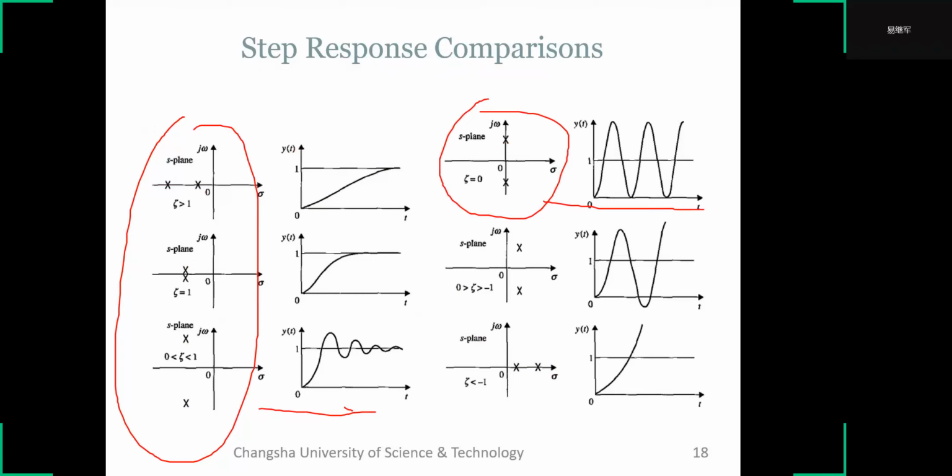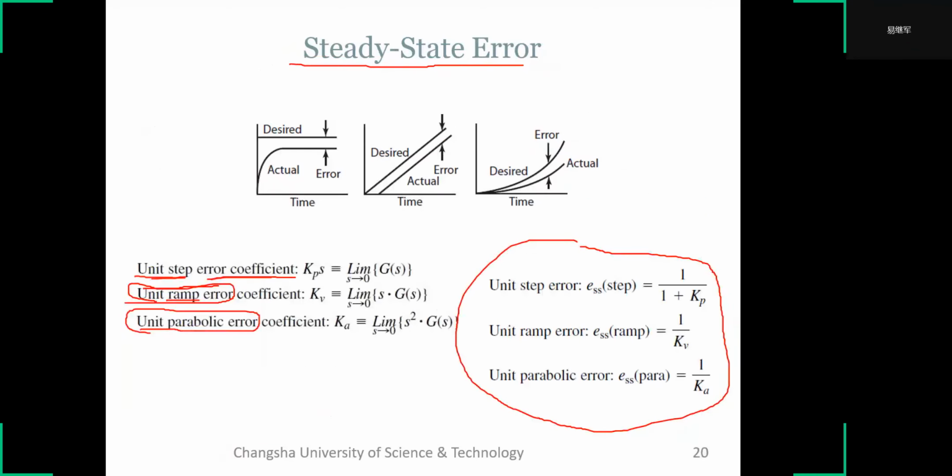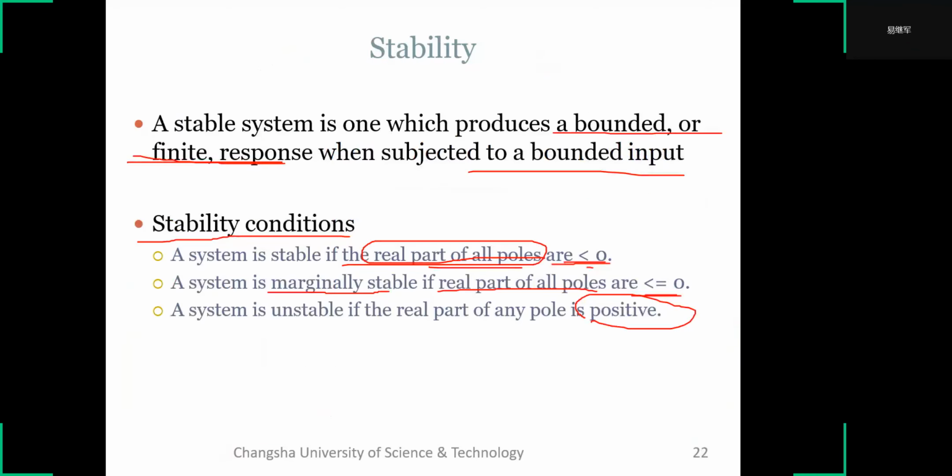If the real part of any pole is bigger than zero, the system is unstable. This is the stability condition.